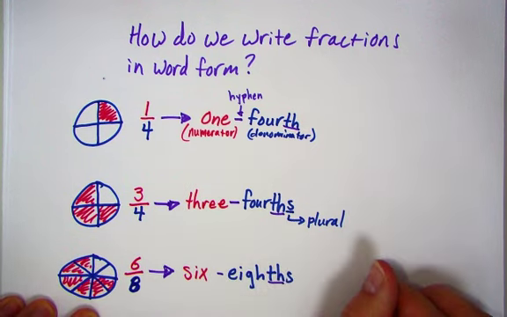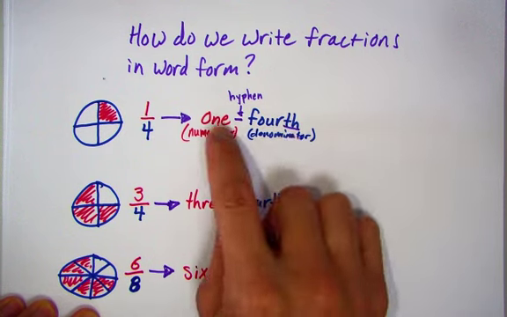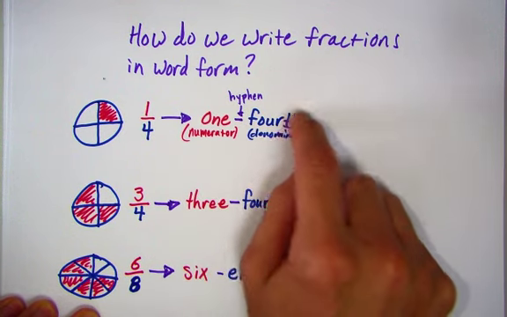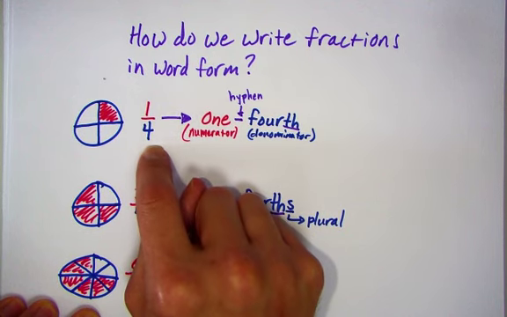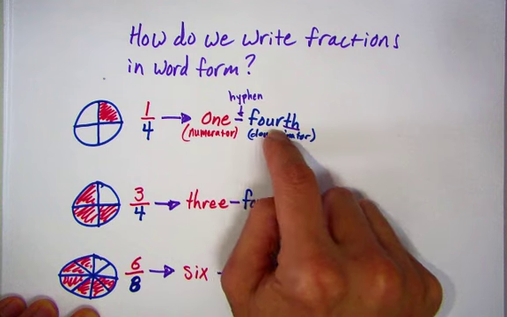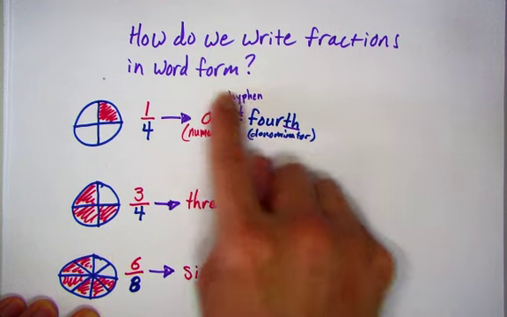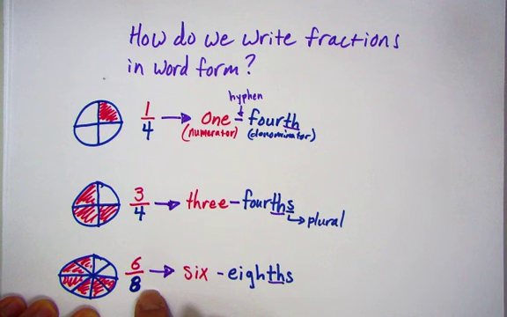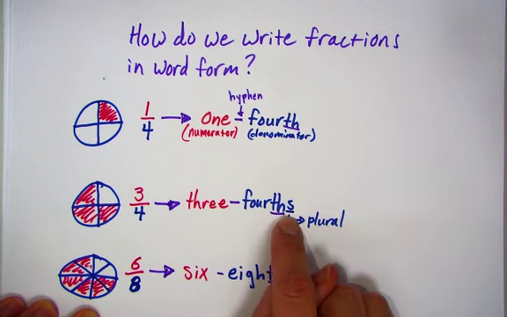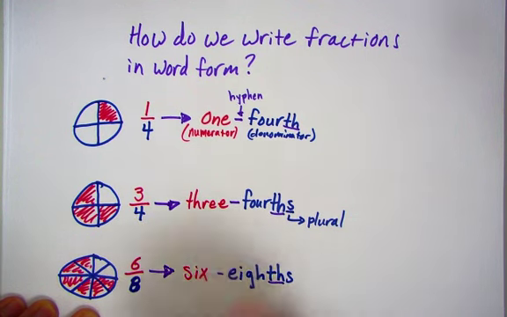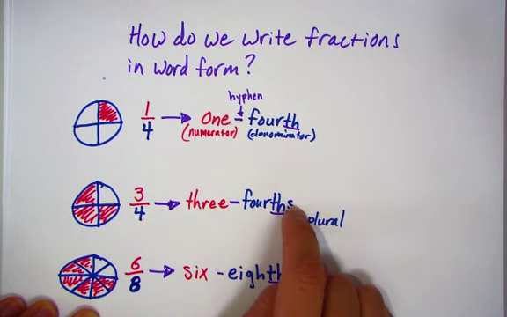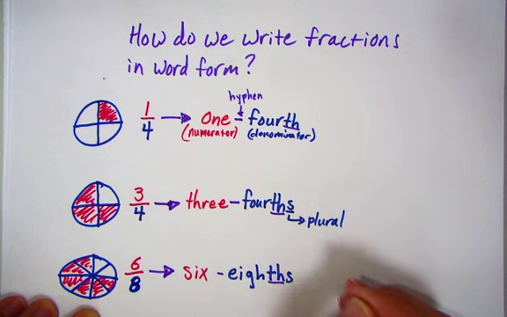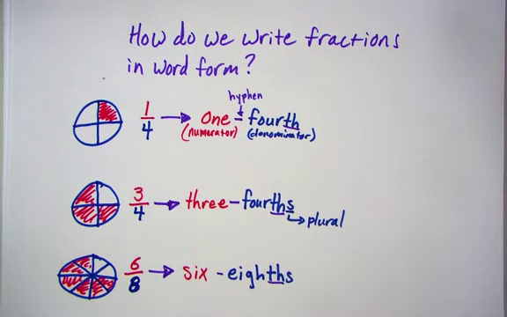So these are the things to look out for when you're writing a fraction in word form. Do I say this with a TH ending? 1/4. Then I just spell 4, then put a TH on the end. And also, do I say this fraction with an S on the end? 3/4. I do have an S on the end. So those are things to consider when writing fractions in word form.